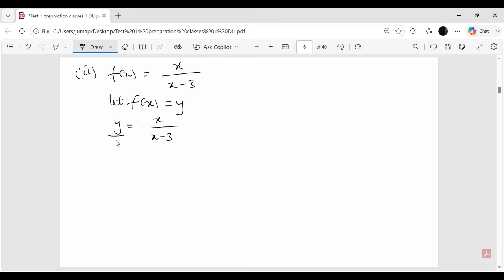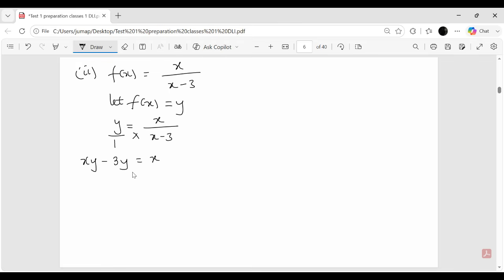So this side you drop by 1, then you cross multiply. Then you're going to have xy minus 3y equals x. I've already done everything, so y is multiplying with everything that is here.